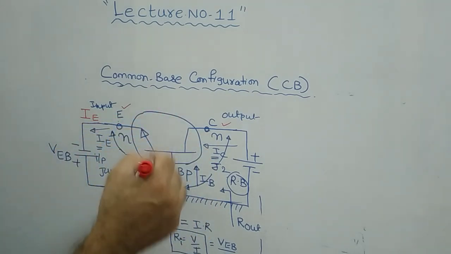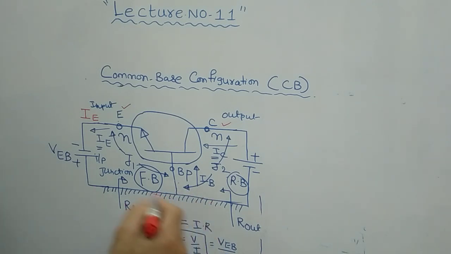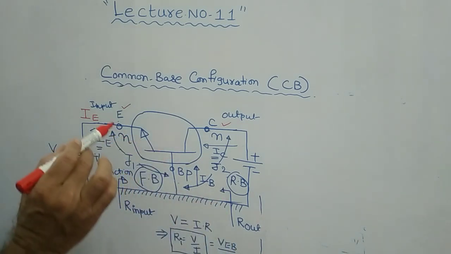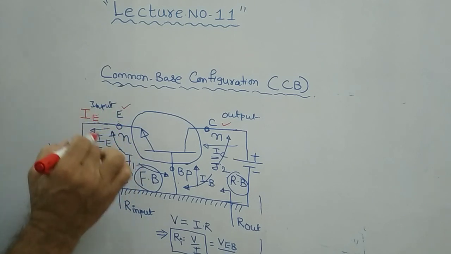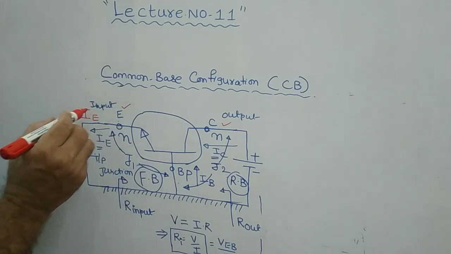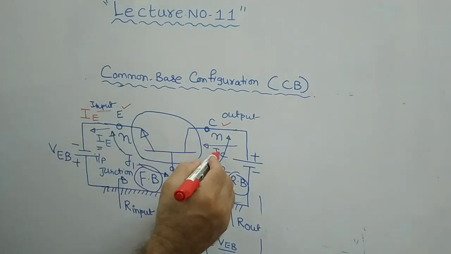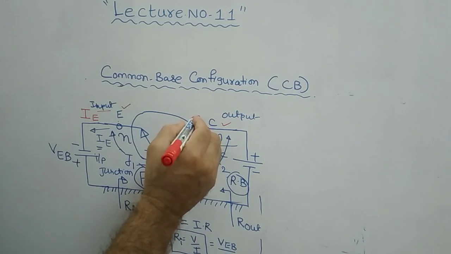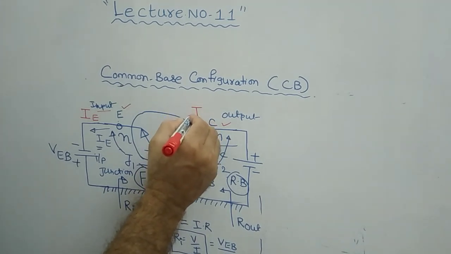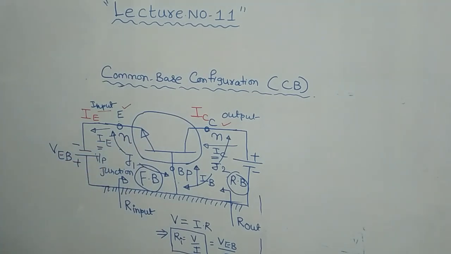As we kept the base as common, at zero potential, the emitter terminal will act as the input terminal. Therefore, the current flowing through it is called the input current, right? I already explained this in the previous presentation. And here the collector current IC will act as the output current.